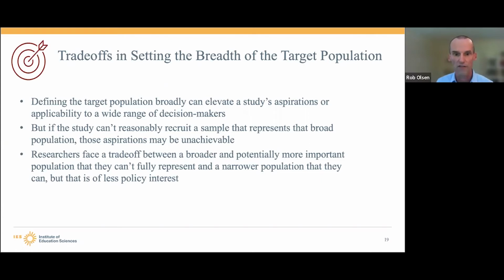Researchers face a trade-off between a broader and potentially more important population, in some cases, that they can't reasonably represent, and a narrower population that they can. But this is of less broad policy interest anyway. So the key is trying to strike the right balance given the objectives of the study. Okay, back to you, Beth.